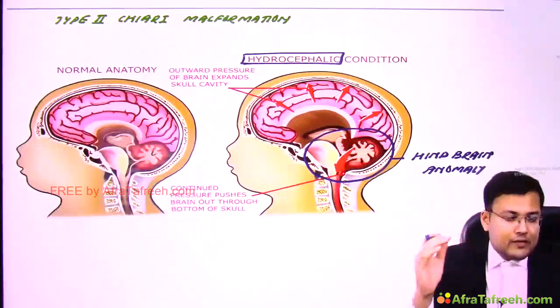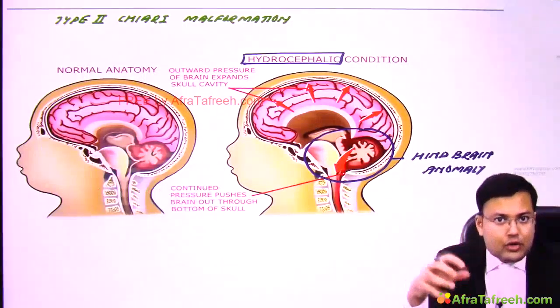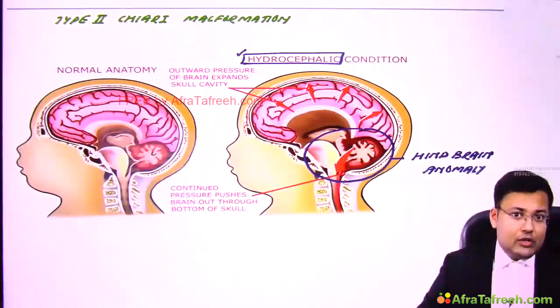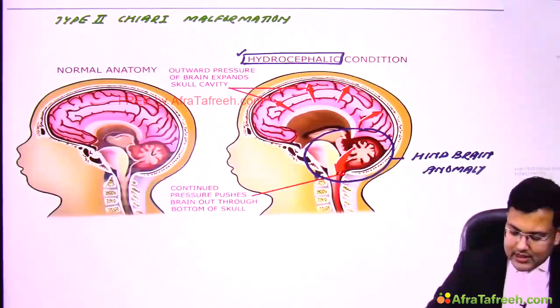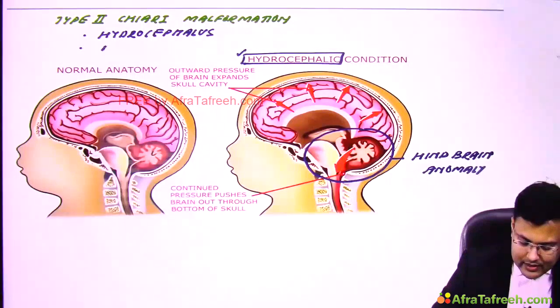Because of increased intracranial pressure, inferior vermis, pons and medulla are pushed through the cervical canal. Second association, apart from hydrocephalus, is myelomeningocele. So important problems: it's a hindbrain anomaly, it is associated with hydrocephalus, and it is associated with myelomeningocele.